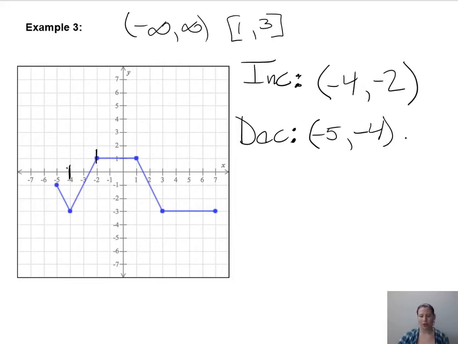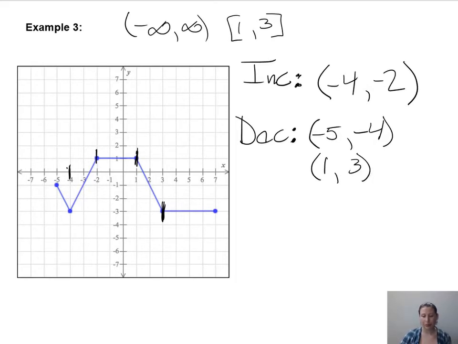Okay, do we have any more decreasing sections? Well, yes, we do. At +1 to +3. So let's just list that one as well. In Alex, you could just put a comma in between. That would be fine. So those start at 1 and go to 3.